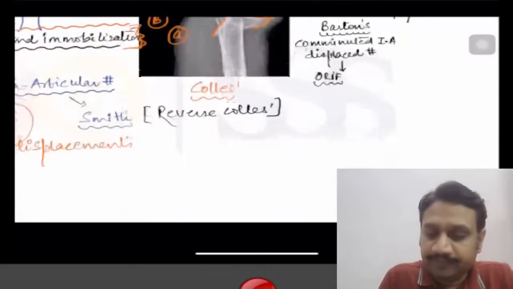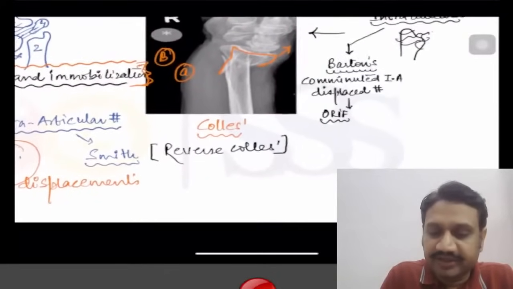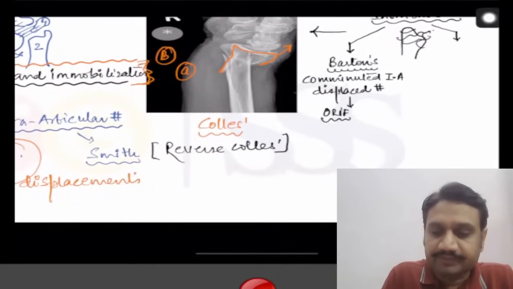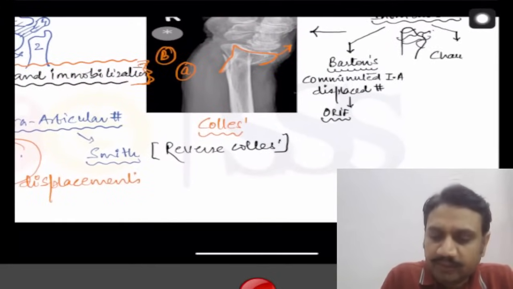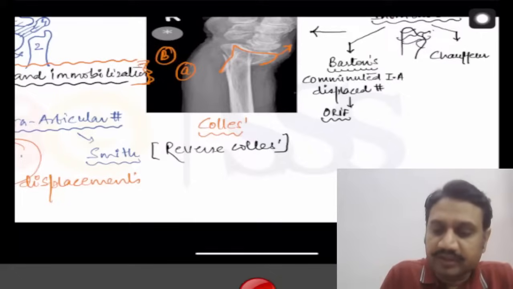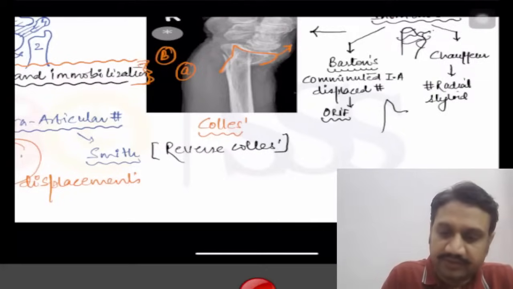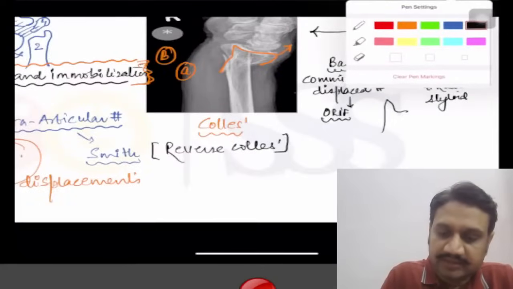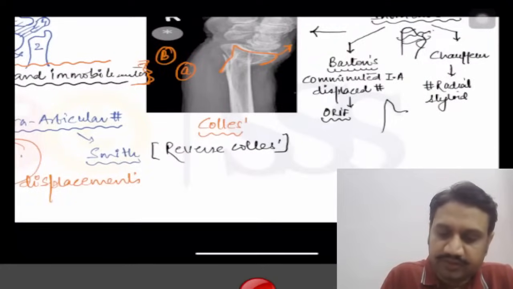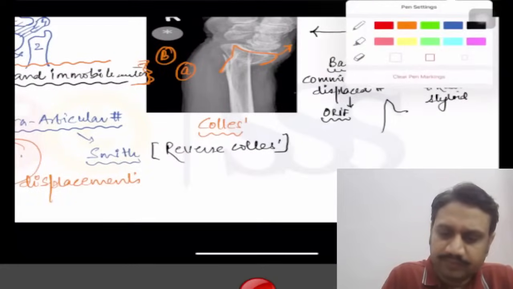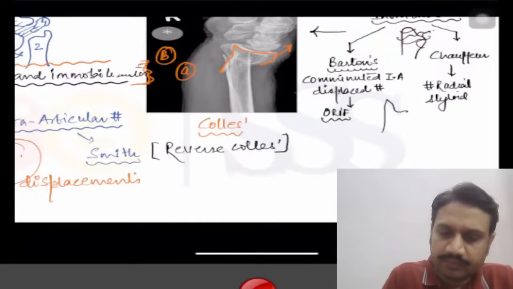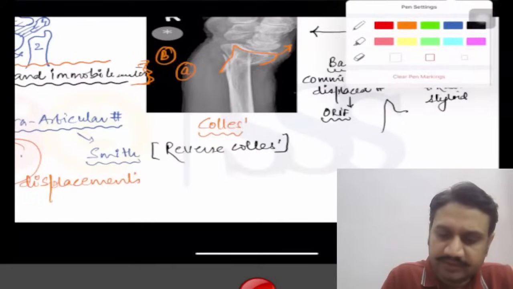And the other intraarticular injury is Schoffer, right? Schoffer is what? It is a fracture of the radial styloid, right? So injury of the distal radius.